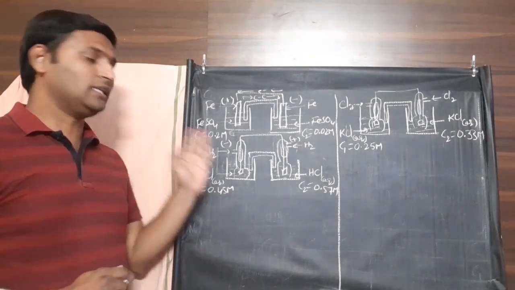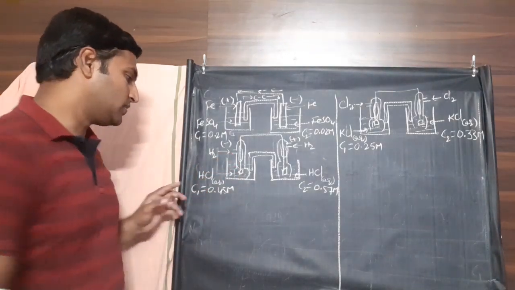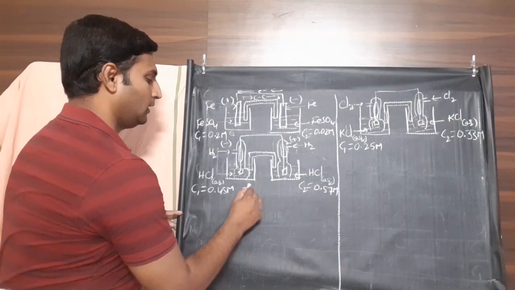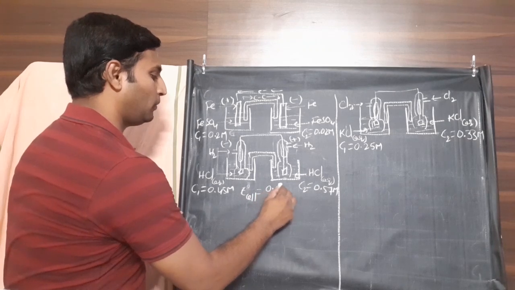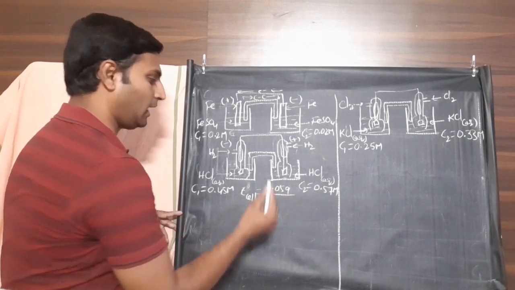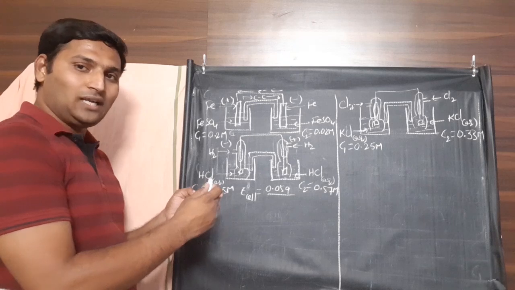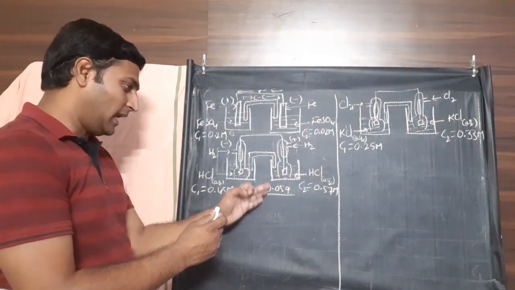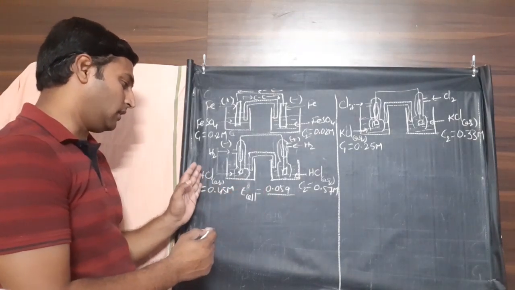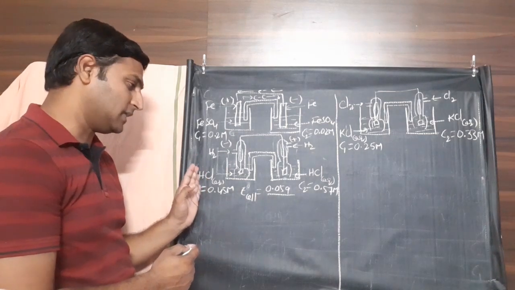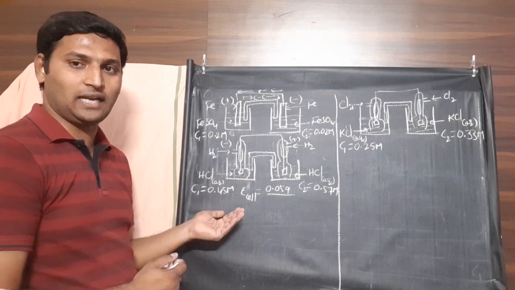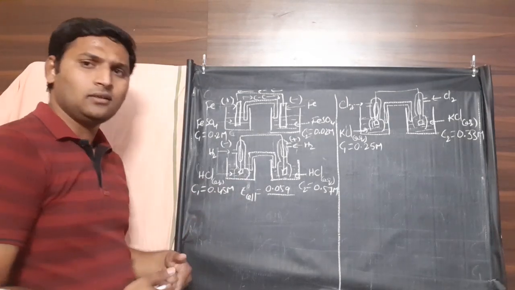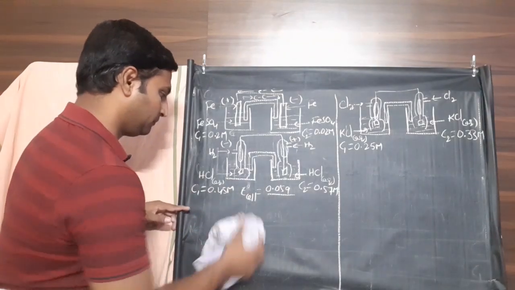So, to calculate cell potential also, you will be using E cell is equal to 0.059 by n. If you take 1, you need not take square for H plus. If you take 2, you have to take square for H plus, because you know how the reaction occurs. Let me explain in detail.